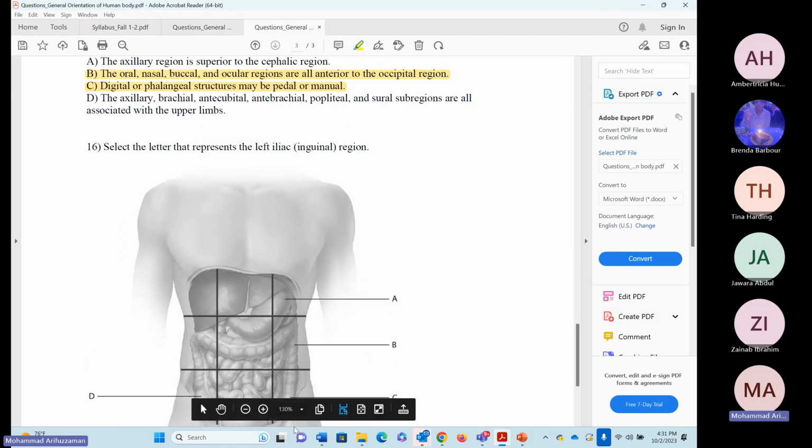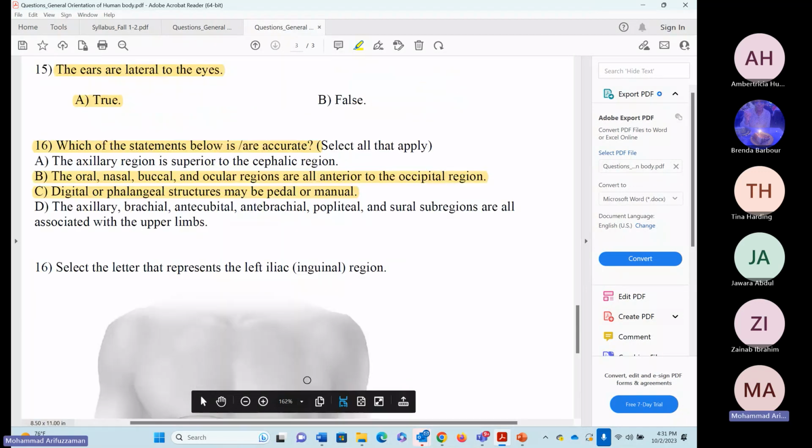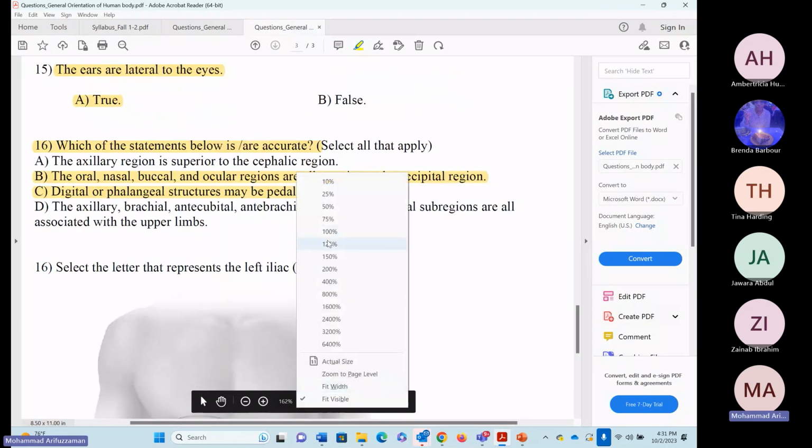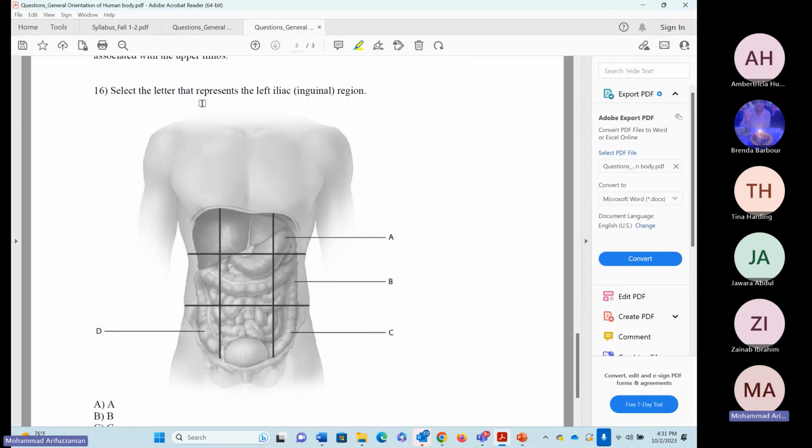Let's try to answer these questions. Select the letter that represents the left iliac.